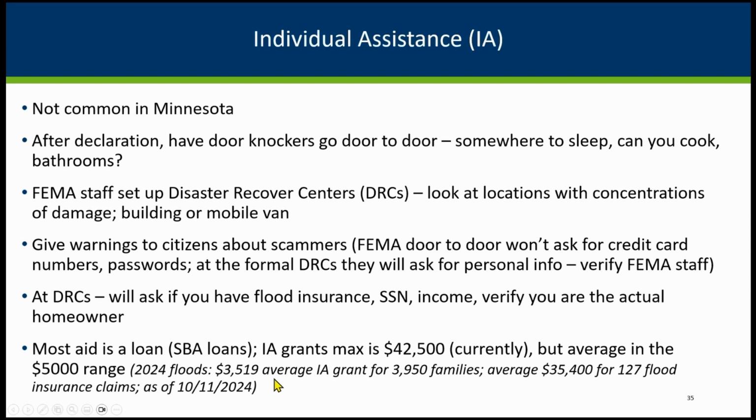Here in the 24 floods, based on the actual data, what they gave out to almost 4,000 families averaged in the $3,500 range, whereas they pointed out that the average flood insurance claim was $35,000, and that was data as of October 2024.